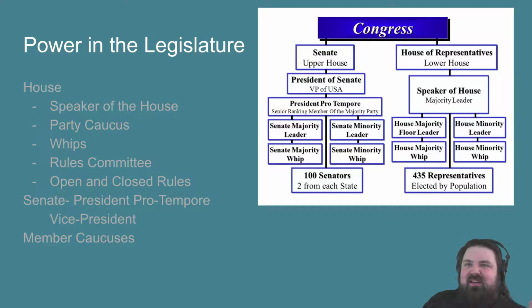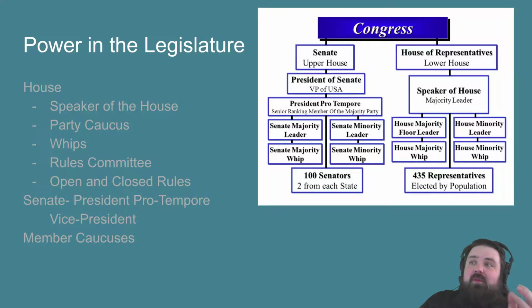And the whips kind of wield the whip and try to keep everyone working in the direction that the majority leaders want. Now, the most important of all of the committees, we've kind of been talking about these committees a little bit, the most important committee for the House of Representatives is the Rules Committee. This is the committee that gives you what they call the ticket, that gives you the ability to hear legislation on the House floor.